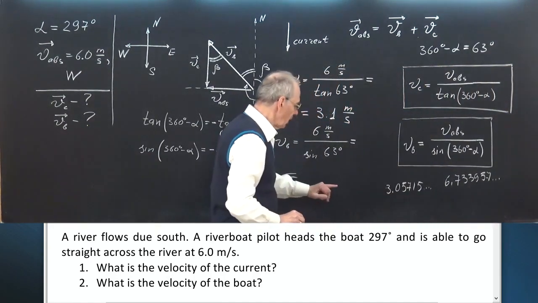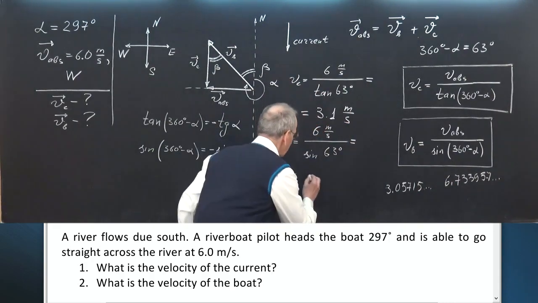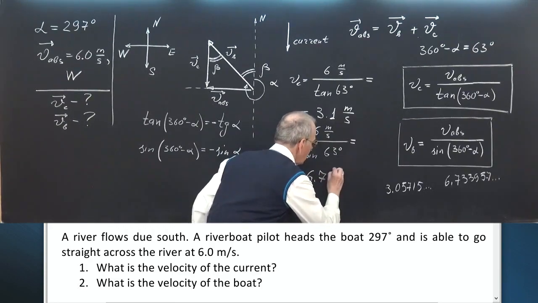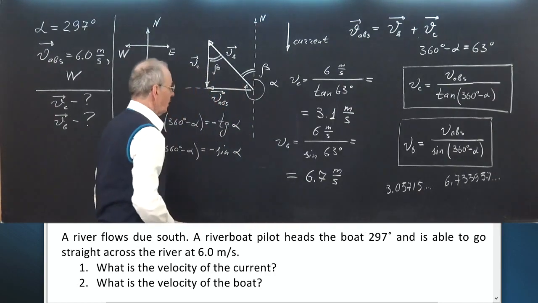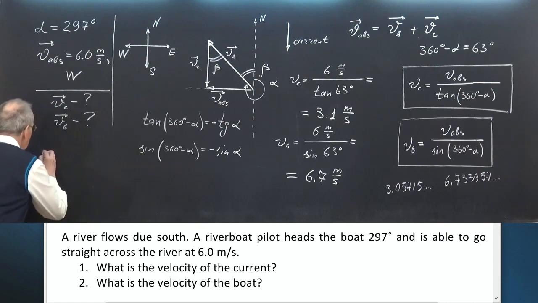When rounded to 2 significant digits, we must write 6.7 meters per second.